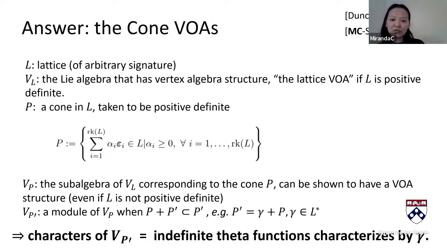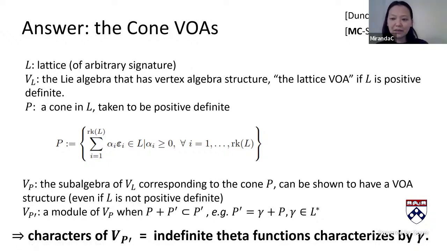Now choose a cone with full rank, that's positive definite. You could show that positive definiteness, together with the monoidal structure of the cone, is enough to restrict the lattice vertex algebra to the cone, and that this subalgebra gives you a cone VOA.